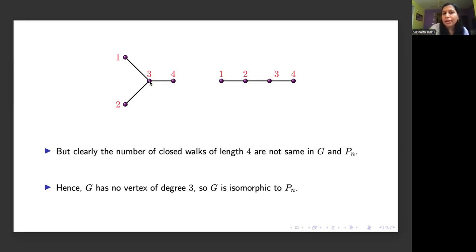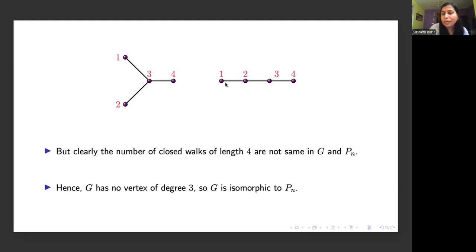So if you count in this way, 3 to 4 and 4 to 3, that is 1. And then from here I can go and come back, that is 1. From here I can go and come back twice, that is 1. You can observe more, but I'm counting this much only. So what I counted is, for each one I counted at least 3.